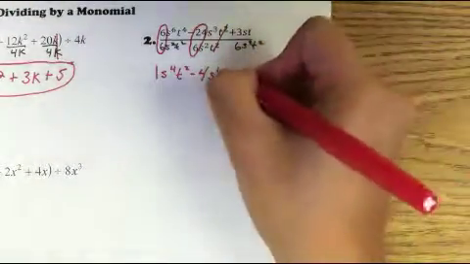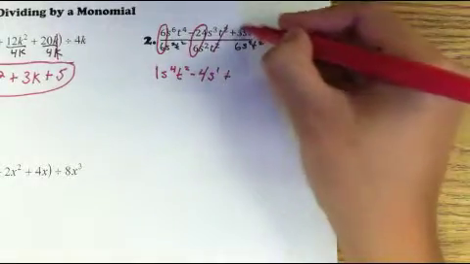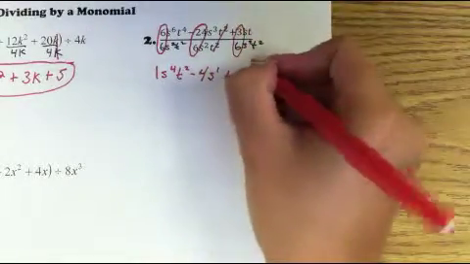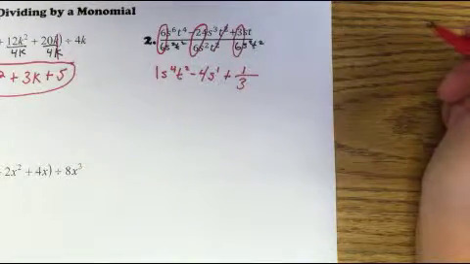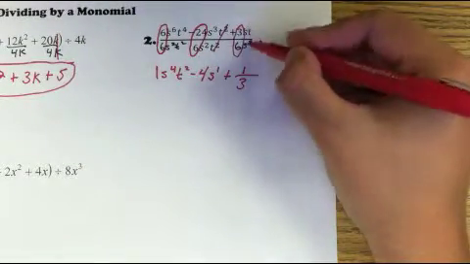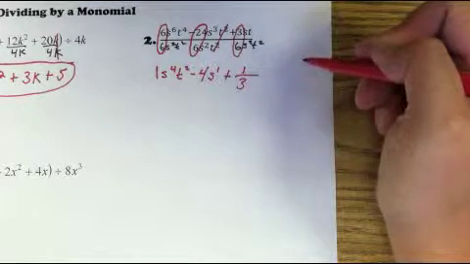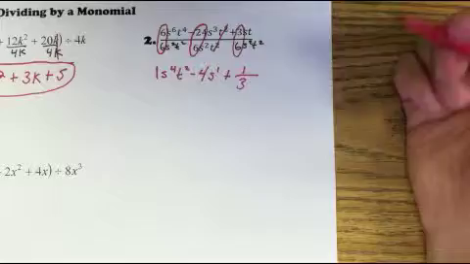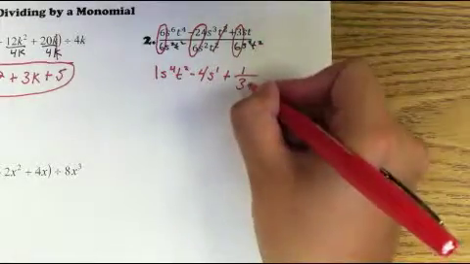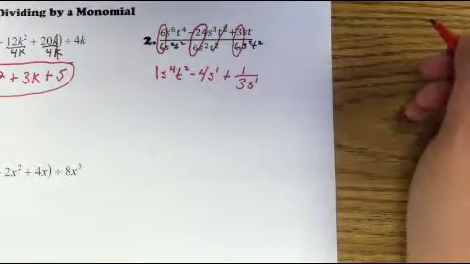Okay, move to the next term. 3 divided by 6 simplifies into 1 over 2. S to the first power divided by S to the second power leaves us with S to the negative 1 power. But I know that I need to put my answer at the bottom, so it turns into a positive 1 there.